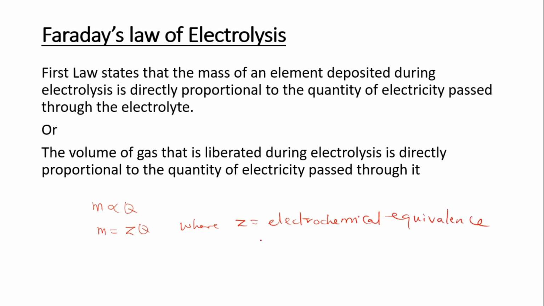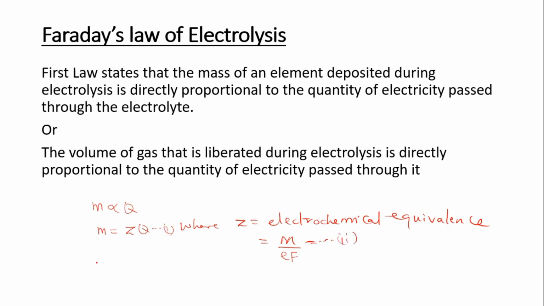And this electrochemical equivalence is the atomic mass of the element divided by the coefficient of the electron in the electrolytic reaction. So let's make this one equation 1, and this one equation 2.